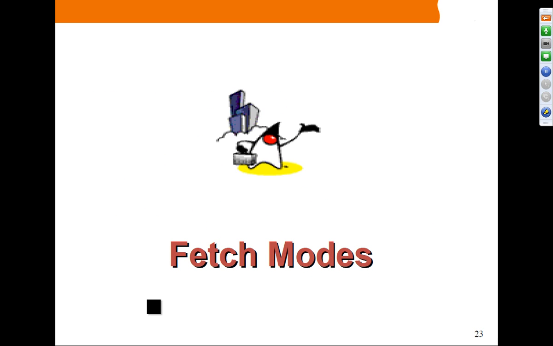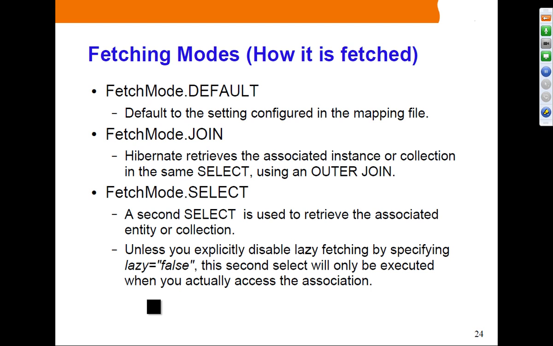So fetch mode. We are going to learn fetch mode in a bit more detail tomorrow when we are learning what is called the join fetch and the infamous n+1 select problem. So fetch mode: default is the default, and there are join and select. Join means Hibernate retrieves the associated instance or collection in the same select using an outer join.